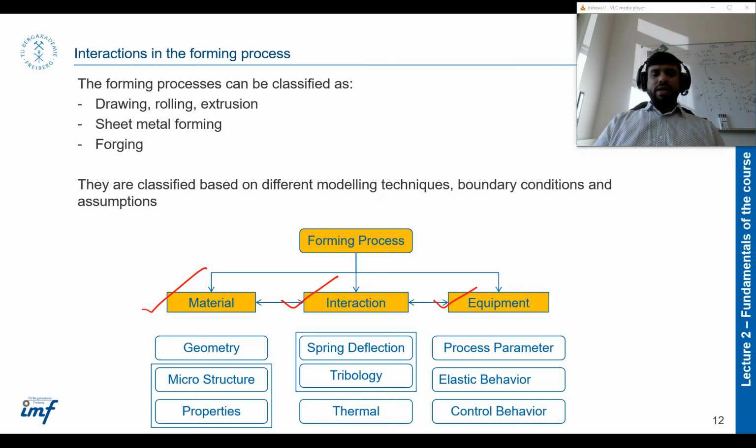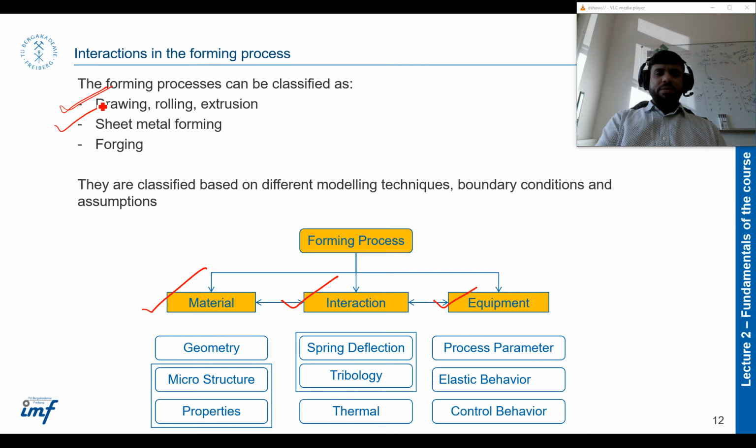And when we look at these three main categories listed here on top, we will see that drawing, rolling, and extrusion generally fall under the category of one process where the initial material is of similar shape, of similar geometry. The type of loads or the dies or the interactions between the component and the workpiece are almost similar as well. And then the equipment is generally different but behaves similarly. So they are then classified in one interaction.